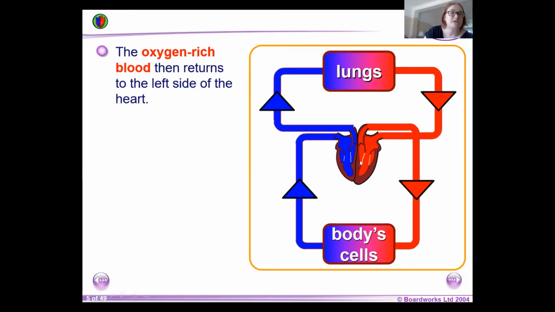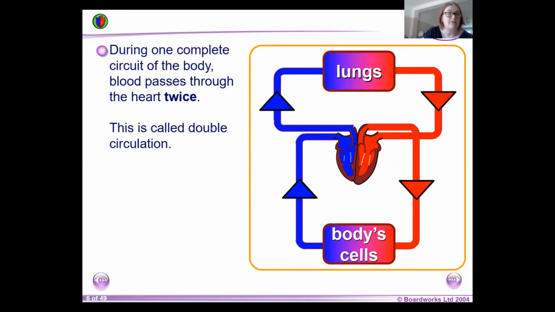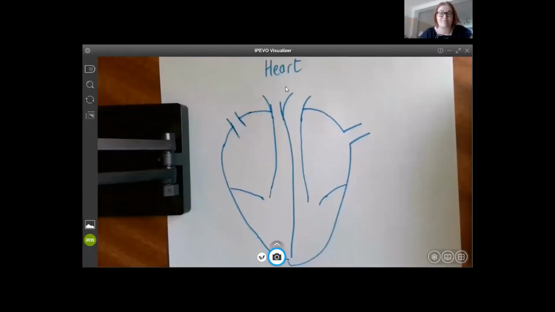So if you imagine that you're a little blood cell, you're going out here, down to the body cells, back into the heart, out here, back up to the lungs, pick up some oxygen, back out, back into the heart, and that keeps on happening over and over again. Now for each one circuit all the way around the whole thing, it visits the heart twice, so we call it double circulation.